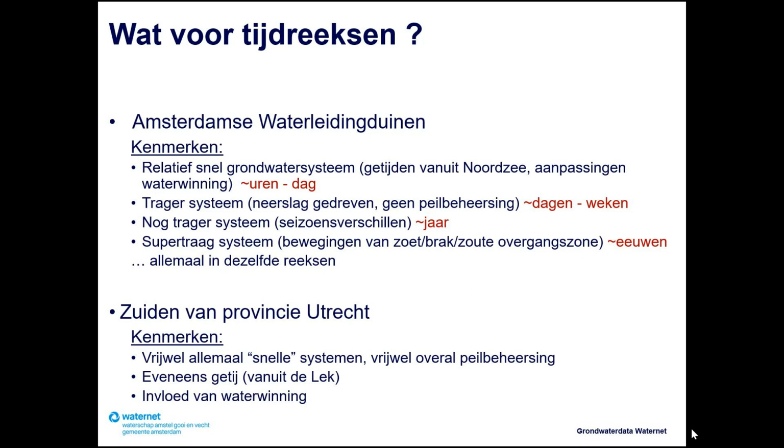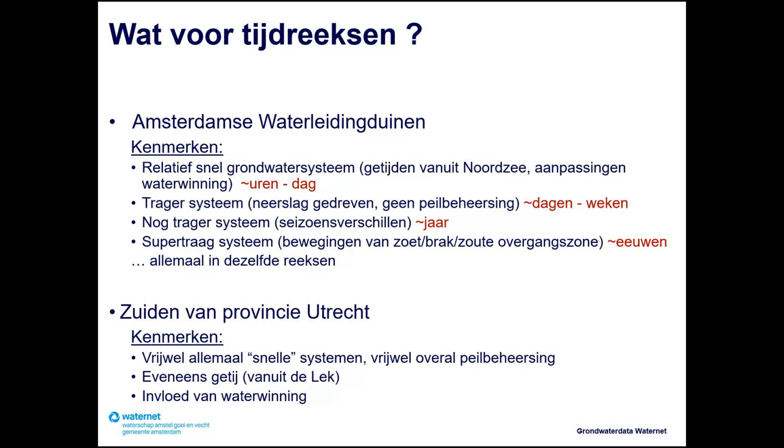We have some data for you, but I have to prepare them later on during this webinar. It's about the Amsterdam water supply dunes. It's a drinking water supply area, and it started around 1853.